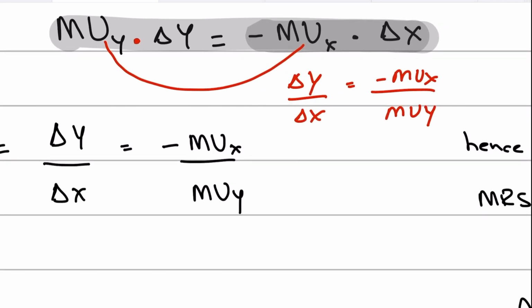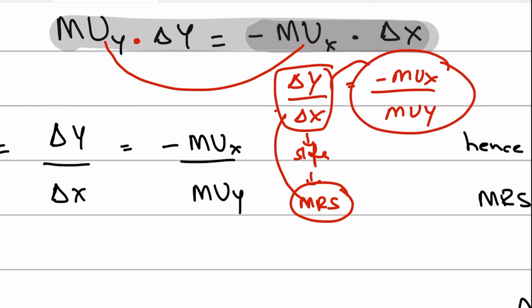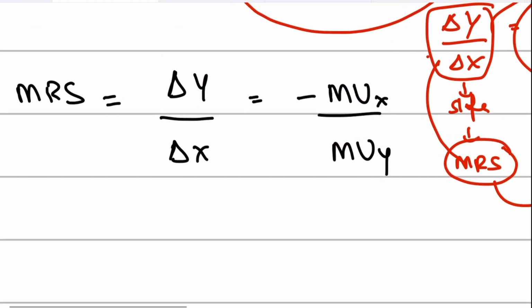Perfect. Now, change in Y over change in X is a slope, which is equal to the marginal rate of substitution. And if this is also equal to minus the marginal utility of X divided by the marginal utility of Y, then definitely the MRS must also be equal to the marginal utility of X over the marginal utility of Y. And that is exactly proved by this equation as well.